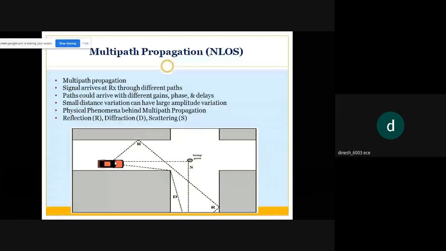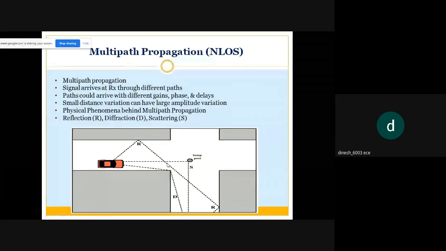Another example here: a car is there. The car will receive the signals due to reflection. You can see the car is denoted by reflections. Due to diffraction and due to scattering it may also receive signals. So this we call multipath propagation.